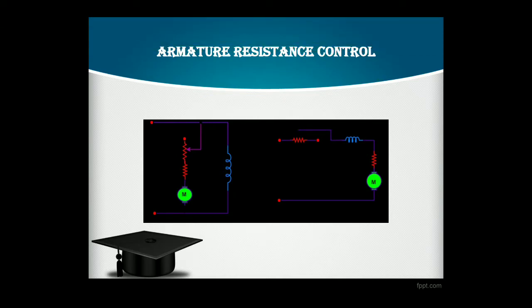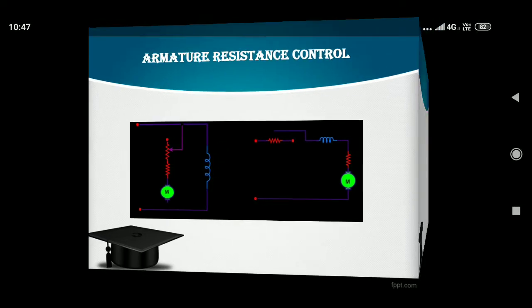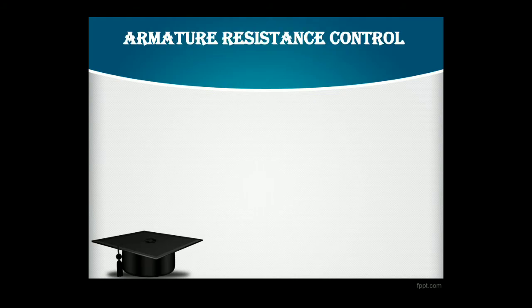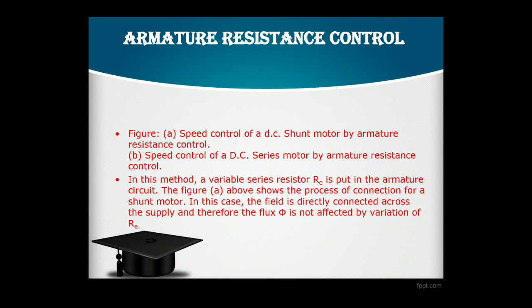And this current is independent, so the field flux current cannot be changed. So this is the armature resistance control of shunt motor.